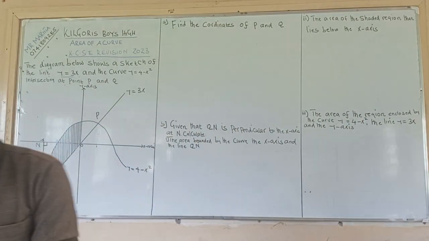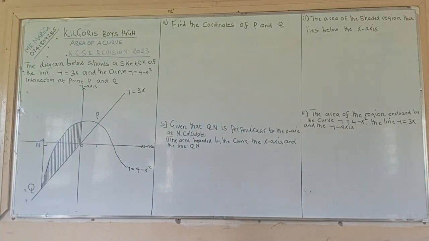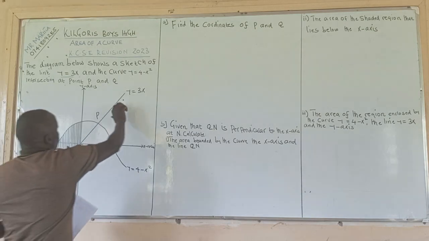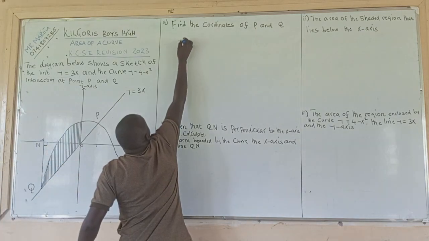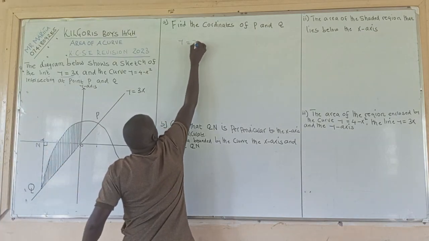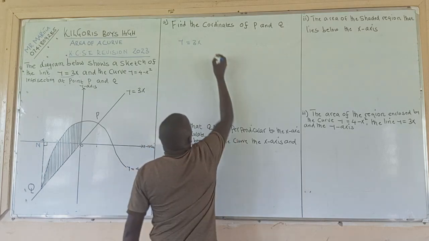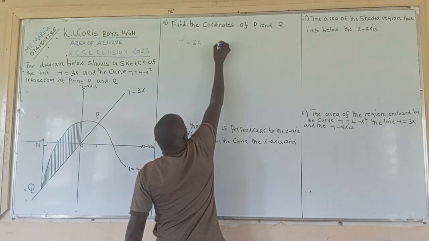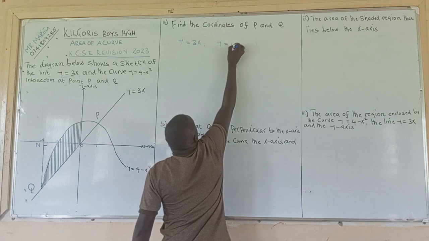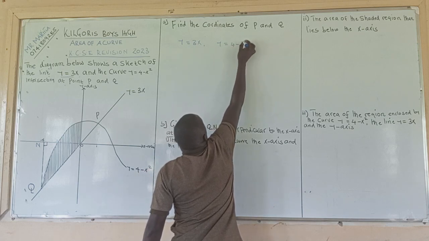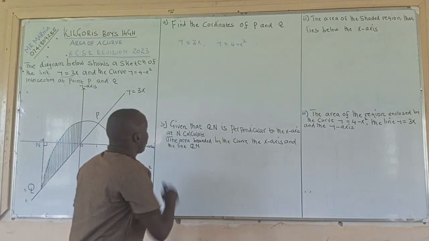To get the coordinates of P and Q, we have the line y equals 3x and the curve y equals 4 minus x squared.